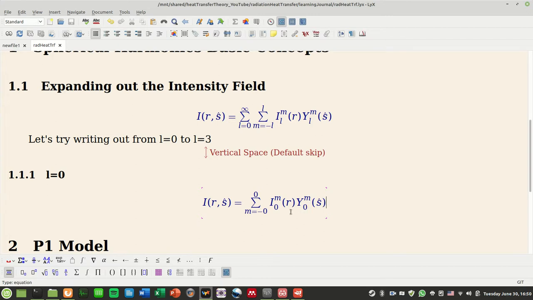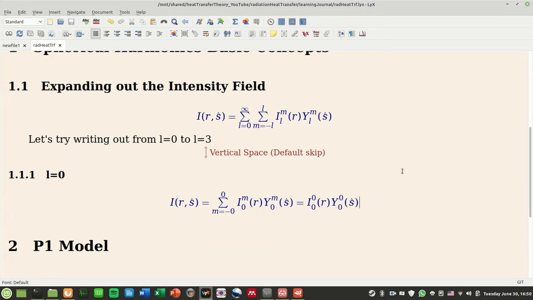So what is this? When you have M equals 0, this whole summation actually just reduces to the following: you have I0, Y0,0. That's pretty simple. Let's do the next one.